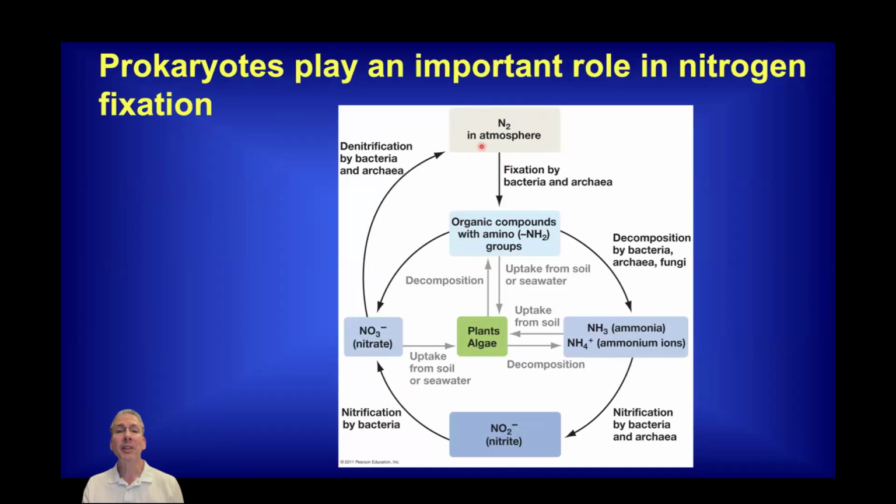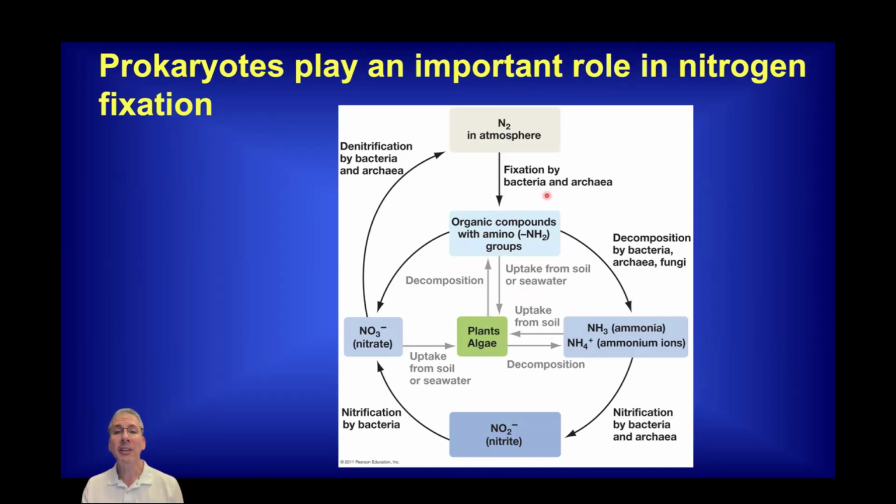Most of the nitrogen that's out there is in the form of N2, gaseous nitrogen. Every breath we take in is composed largely of nitrogen, but the problem is we can't use that directly. It has to be converted to other forms, ammonium ions, nitrites, nitrates, and so forth, various forms that can be taken up directly by organisms.